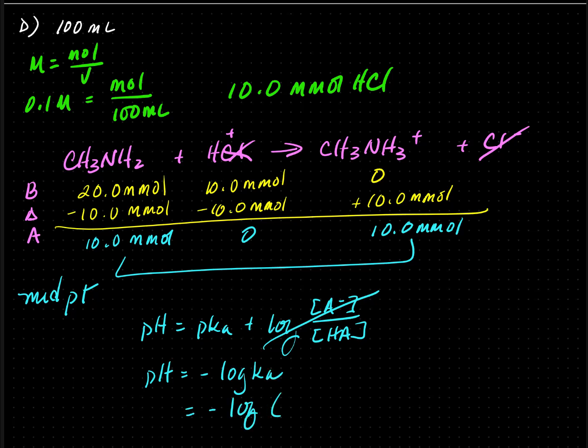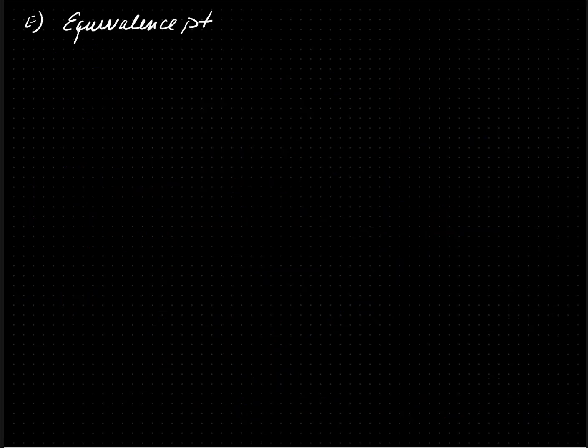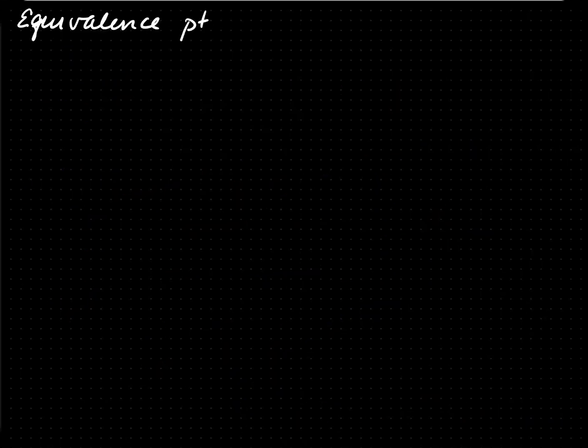So if I plug that in, that's negative log of 2.27 times 10 to the negative 11th, which is 10.643. So midpoint is a special case. The number of moles of the conjugate pairs are equal to each other. It is halfway to the equivalence point.